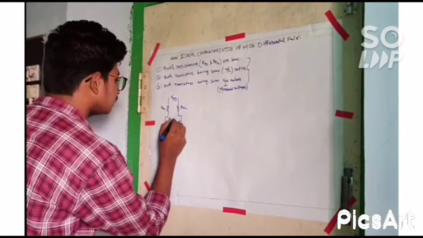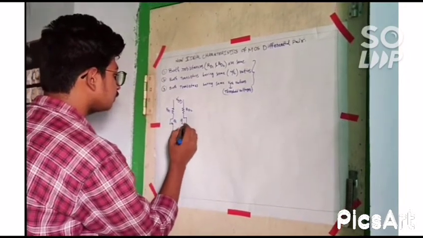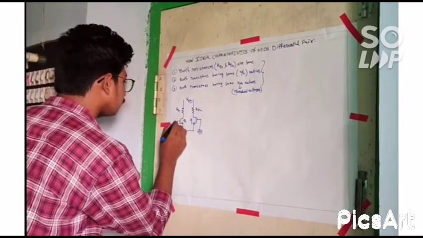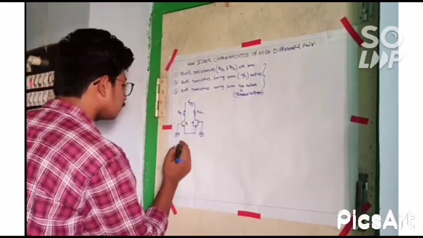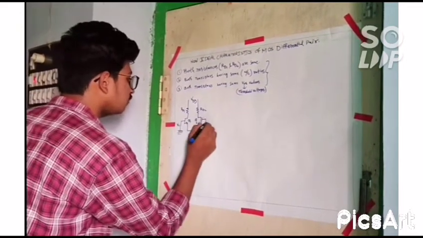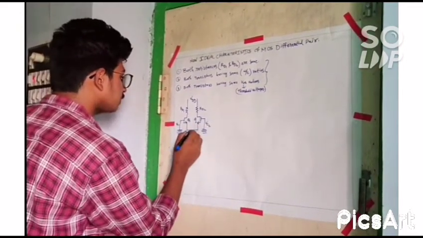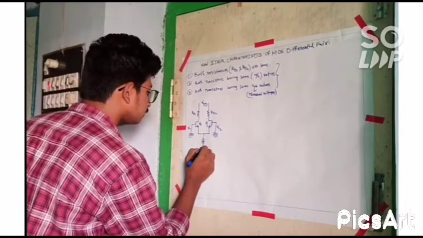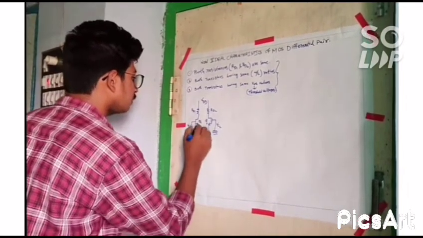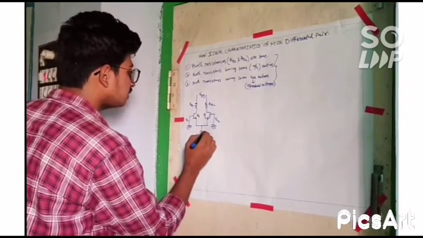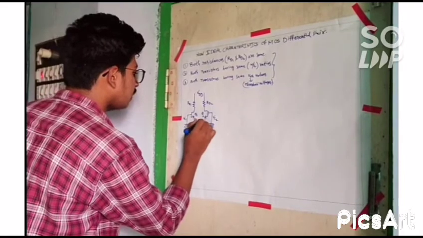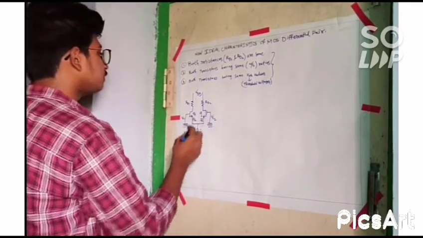these two are the transistors Q1 and Q2. This is VD1 and VD2. Here is a current source I. Here I is divided into two paths, I by 2 and I by 2.